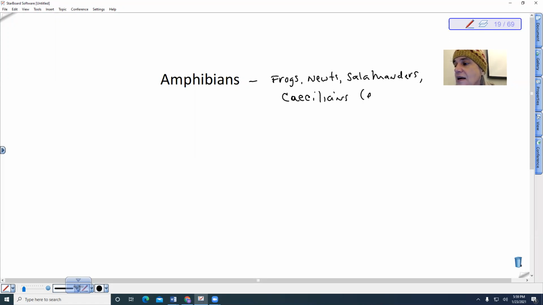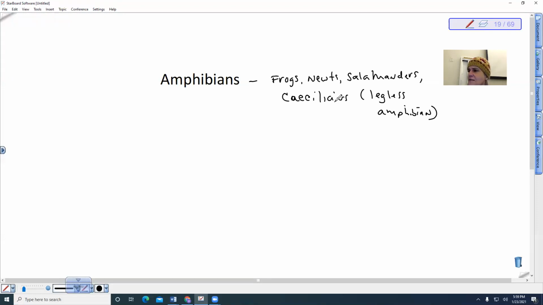So that's a legless amphibian. I would imagine, I've never seen one, but I would imagine they kind of look like an earthworm, maybe. I don't know. But they have vertebrae, right? They have a jaw, they have vertebrae. So they are the caecilians.